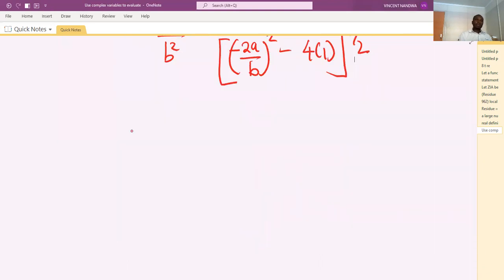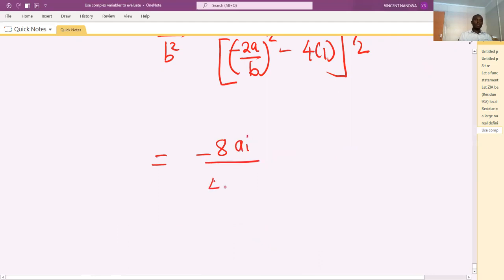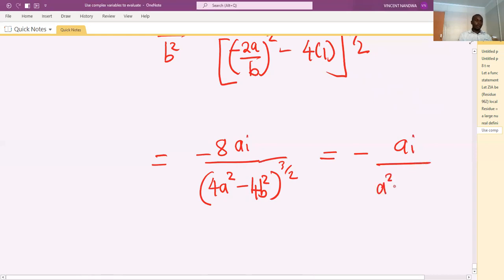So when you simplify this, we get negative 8i over 4a squared minus 4b squared raised to the power 3 over 2, which is the same as negative ai over a squared minus b squared raised to the power 3 over 2.